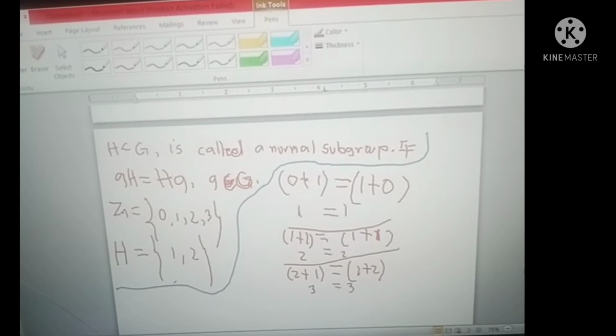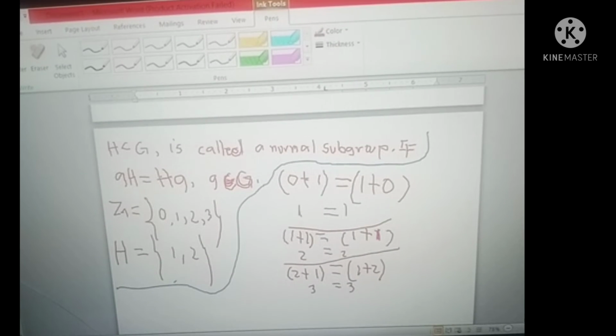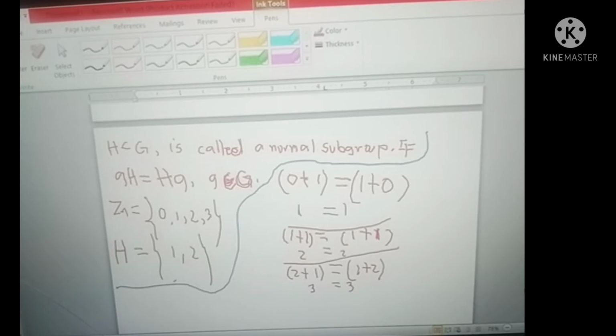So 0 is an element of the group G, and 1 is an element in the subgroup H. Here is the left coset, here is the right coset. Then I'm going to perform this: 1 is equal to 1 using the binary operation of addition, the binary operation of this group.